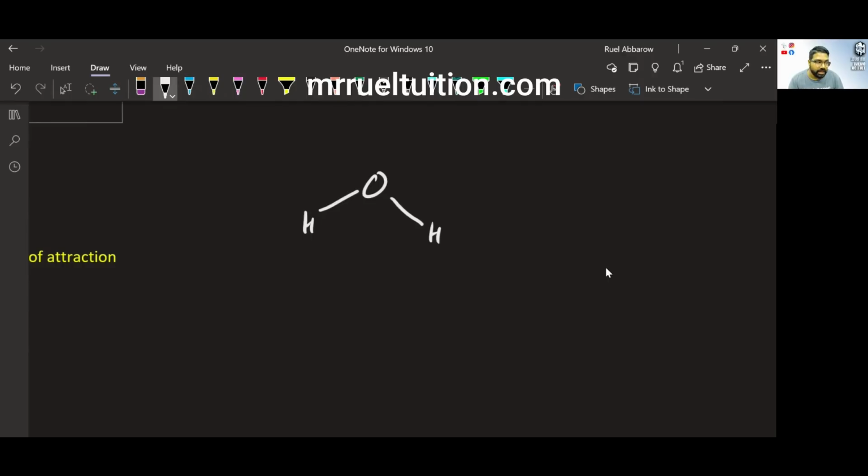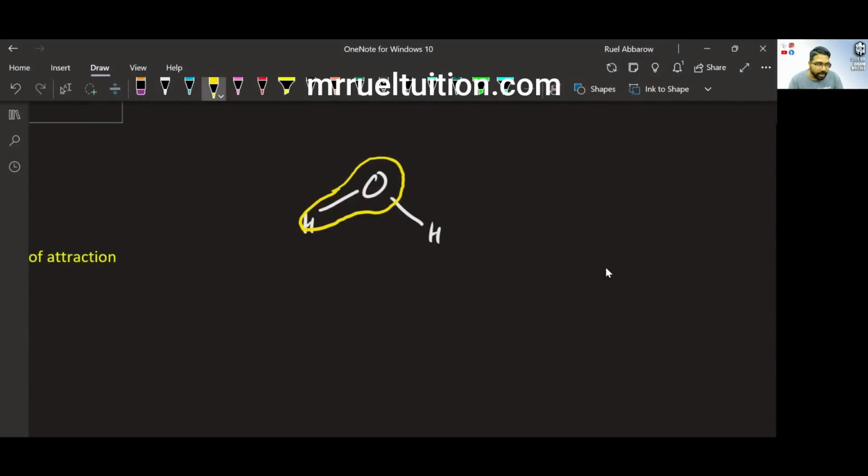That means oxygen has a much higher tendency to receive electrons. It's better at pulling electrons towards itself. Now, in this covalent bond, there's 1 pair of electrons being shared between oxygen and hydrogen. However, because oxygen has a greater pull of electrons, oxygen will pull these shared electrons more towards itself. The electrons will be a bit further from hydrogen.